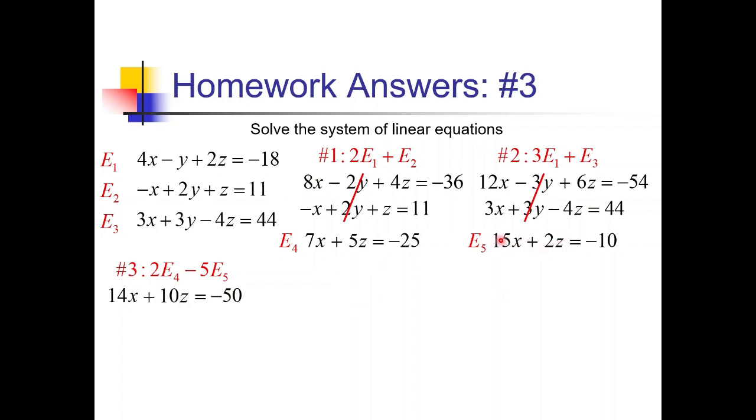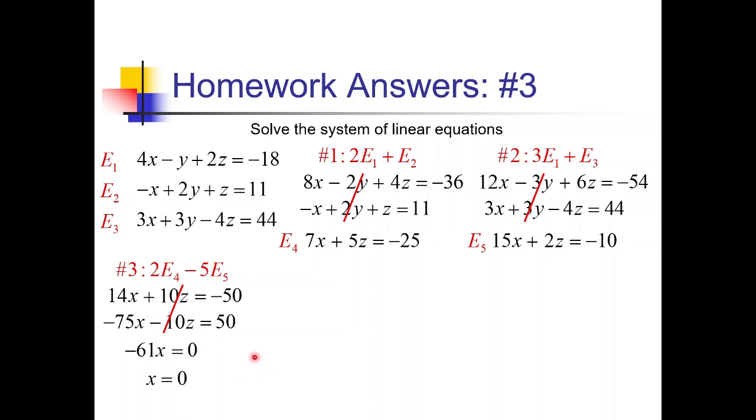So this is going to be negative 75x minus 10z, and this will be equals a plus 50. So it looks like the z's are canceling out. 14 and negative 75 is going to give us negative 61x, and then 50 and negative 50 is 0. Well, dividing by negative 61, that's just going to be 0. So that gives me one of my variables.